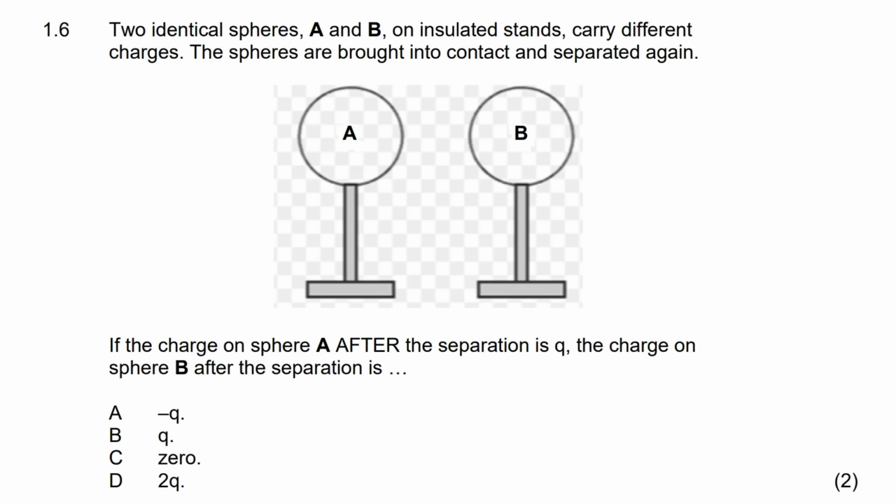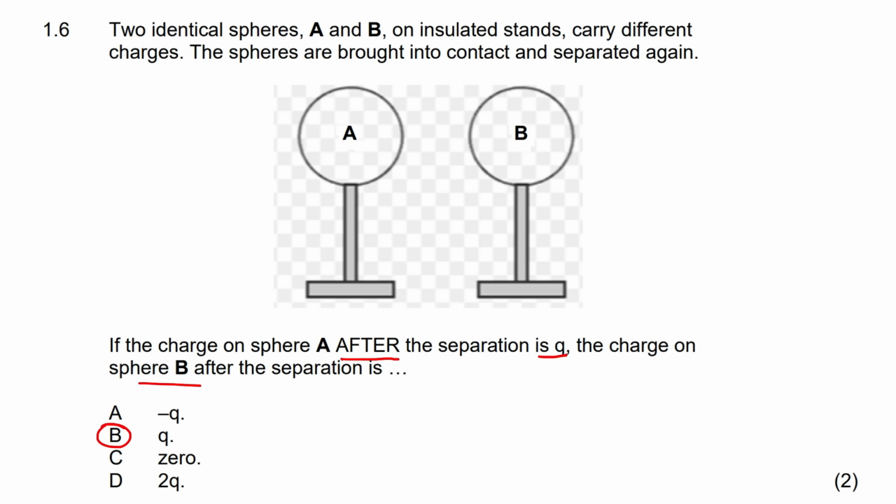Two identical spheres, A and B, on insulated stands carry different charges. The spheres are brought into contact and then separated again. If the charge on sphere A after the separation is Q, then the charge on sphere B would be, well, that would have to be this one, but let me explain.